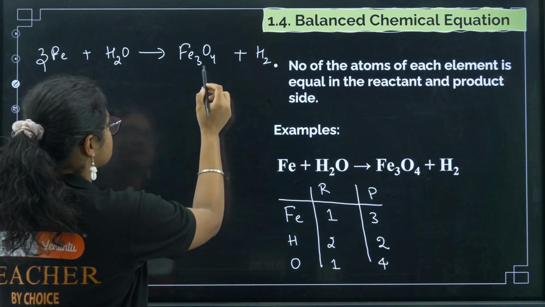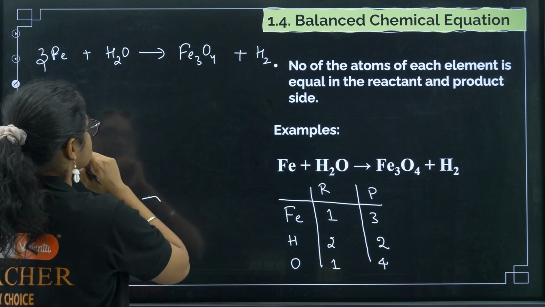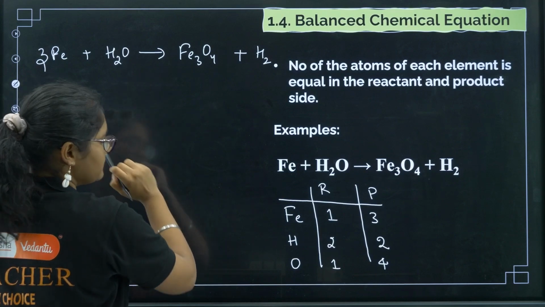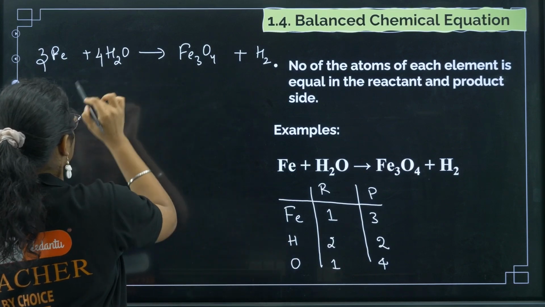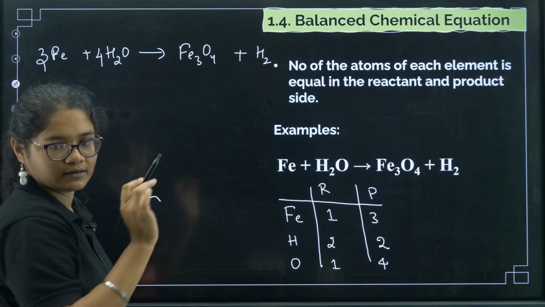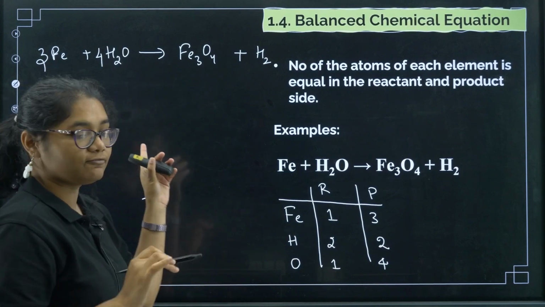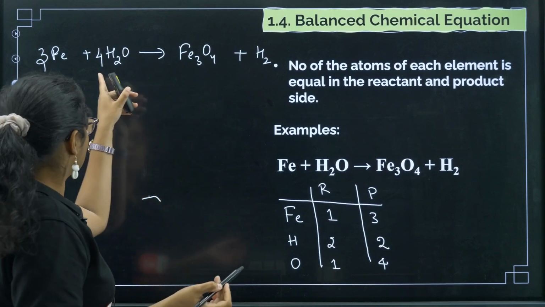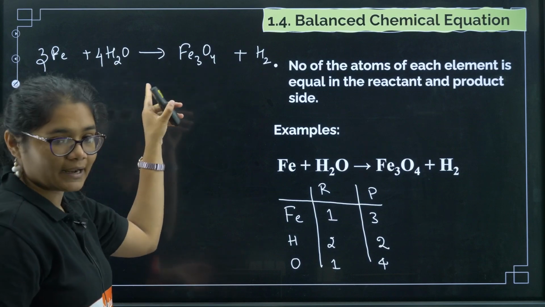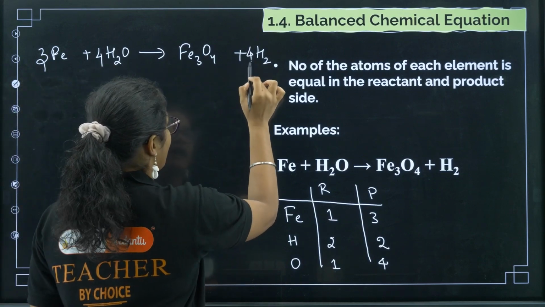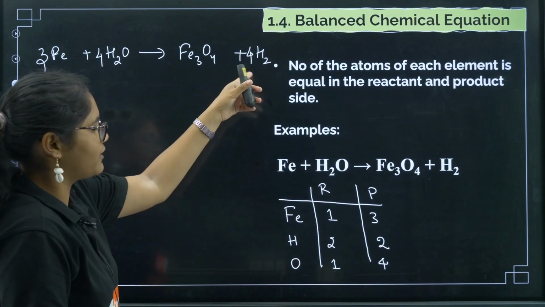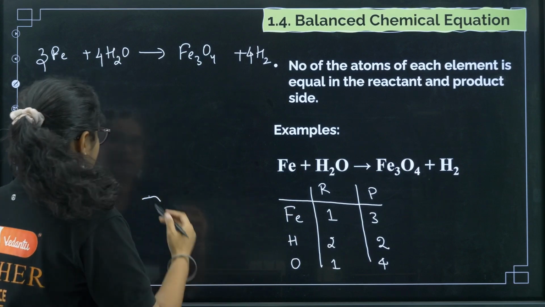Now oxygen here is 4 and here oxygen is only 1, right? So I can make this one 4. That makes this 4 oxygen, it is balanced. But when I am making 4 oxygen, the number of hydrogens is now 8, right? So here also I need to add a 4 so that the number of hydrogens is 8. Now let us check the number of atoms.